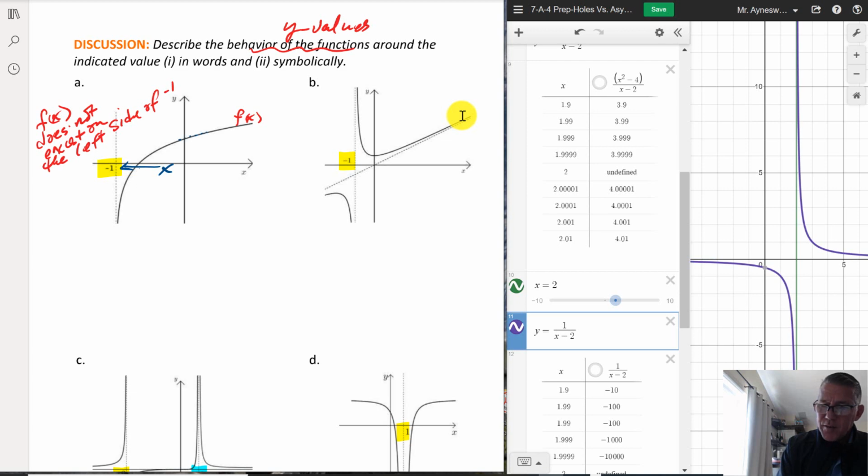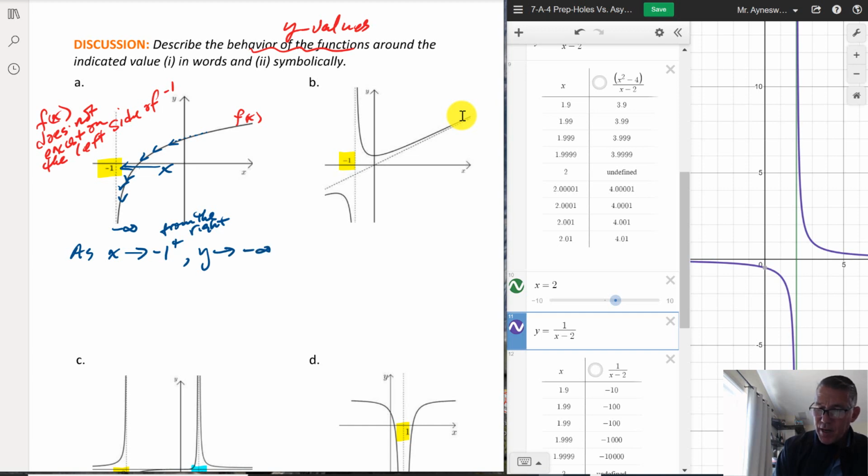Well, the function values get smaller and smaller and smaller, and if you just follow the function, it goes down to -infinity. So I can say very confidently that as x approaches -1 from the right, excuse me, so put a plus sign there, this means from the right, y approaches -infinity.